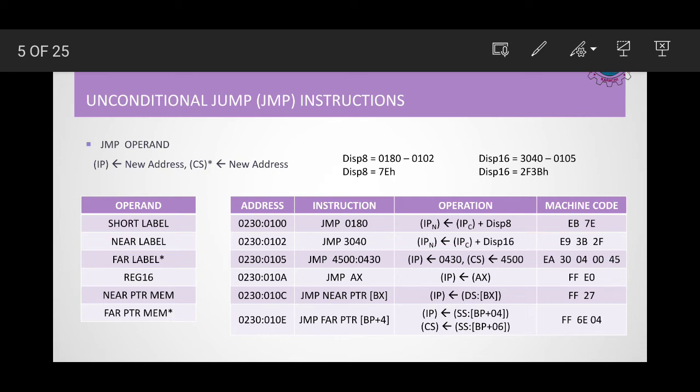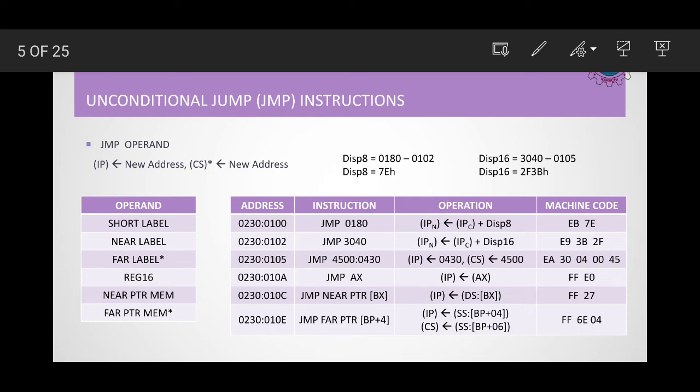That jump instruction will be stored in 5 bytes. EA is the opcode for far jump. Then we store the lower byte for IP, that is 30, the higher byte for IP, that is 04, then the low byte for CS, that is 00, and the higher byte for CS, that is 45. So that instruction will be stored in 5 bytes in memory.